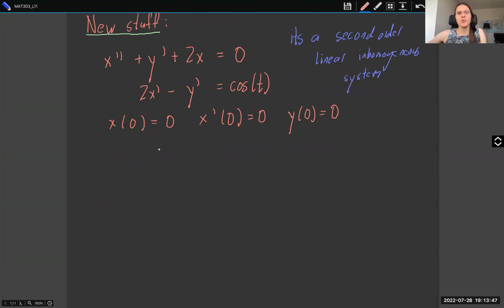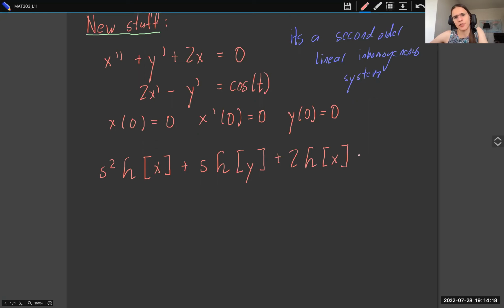Well, what we're going to do is, we don't know how to solve it otherwise, but we do know that we can take the Laplace transform. So taking the Laplace transform gives me s squared times the Laplace transform of x. Then all of these terms are 0. Plus s times the Laplace transform of y. And then plus 2 times the Laplace transform of x.